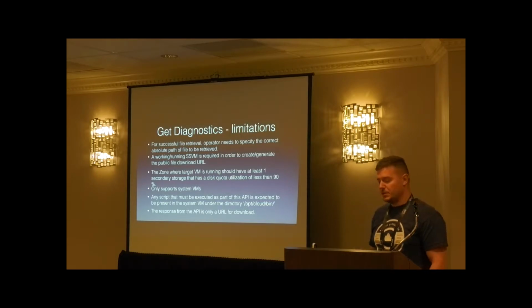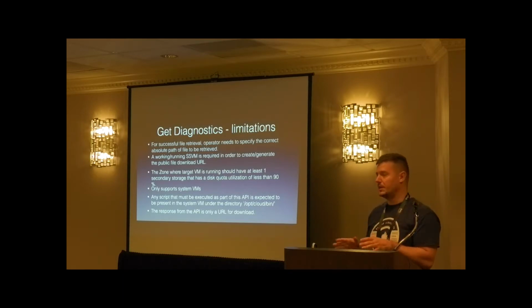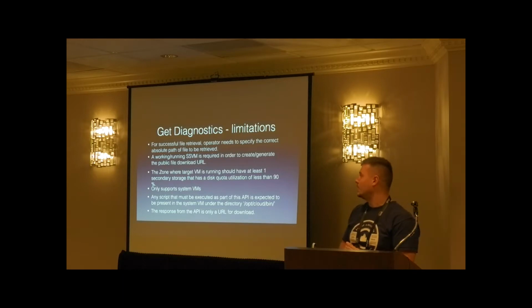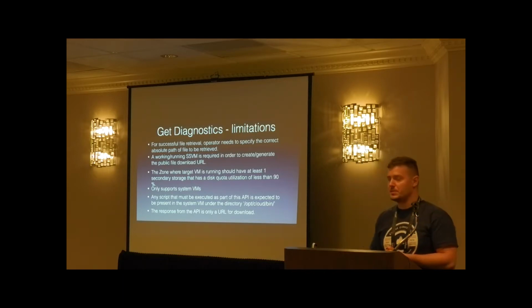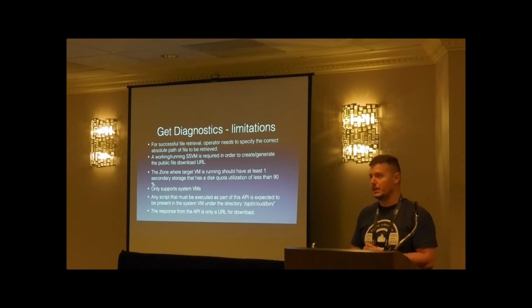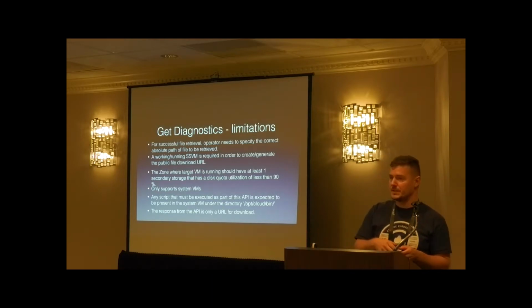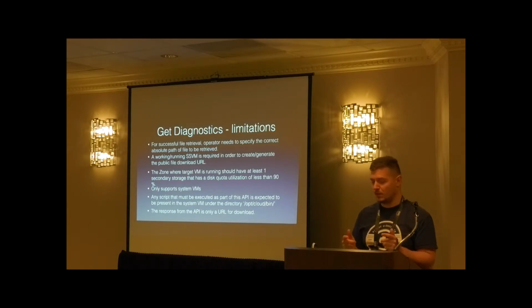In order to work, as I mentioned, if you want to get a specific file, you can't just type the file name. That won't work. You need to explicitly specify the full path to the file, and it will go and get it. You will absolutely need a running and online SystemVM, like the secondary storage VM, to be able to get the file and move it to the secondary storage, so you can download it from there.